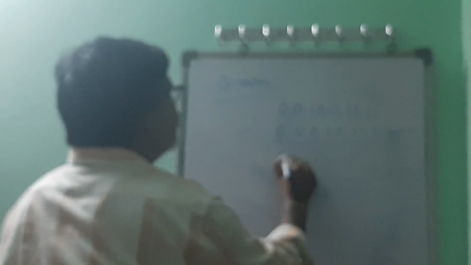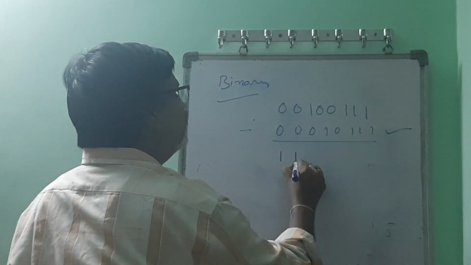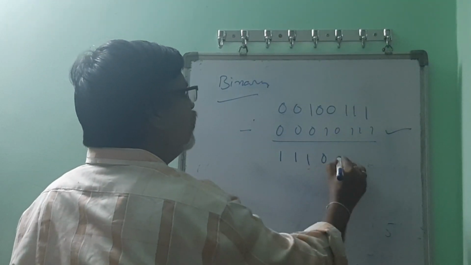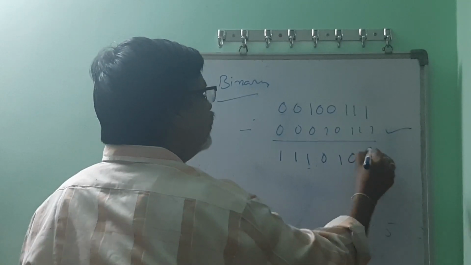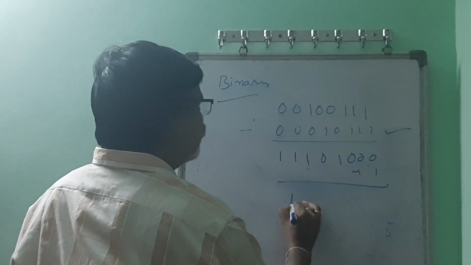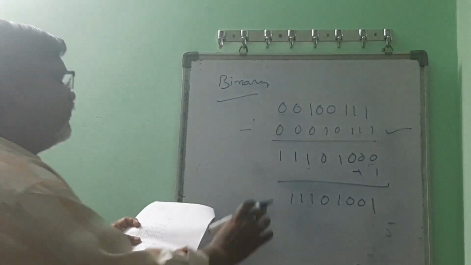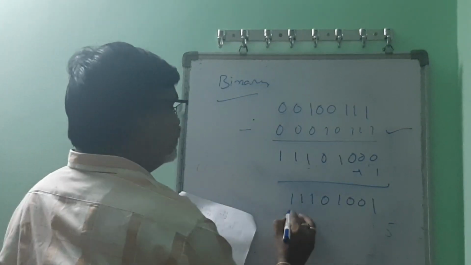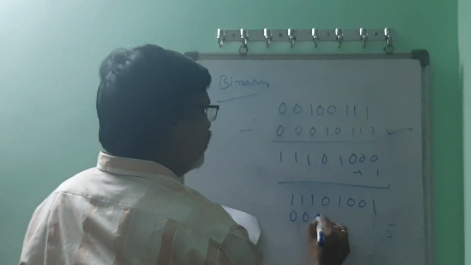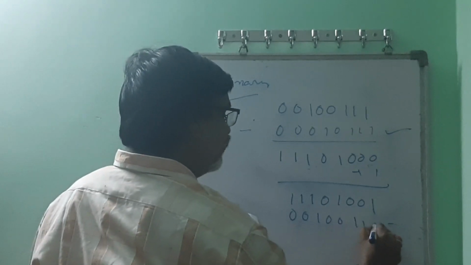So for the 2's complement, first the 1's complement is 11101000, and adding 1 to it you get 11101001 as the 2's complement. And to this number you add 00100111.